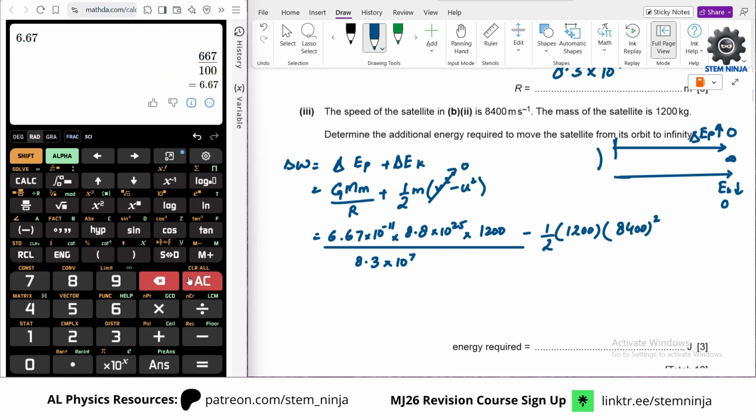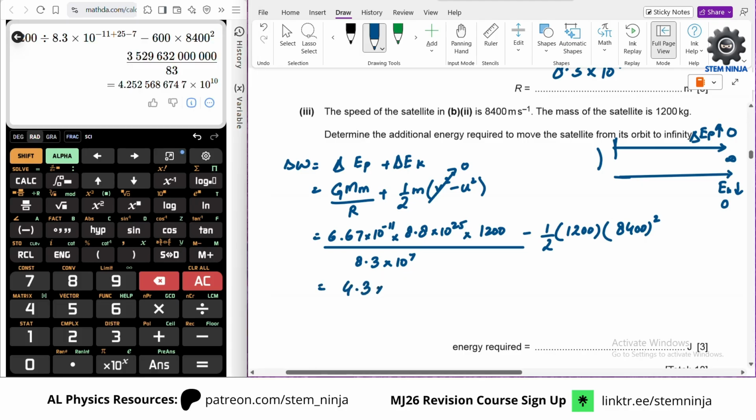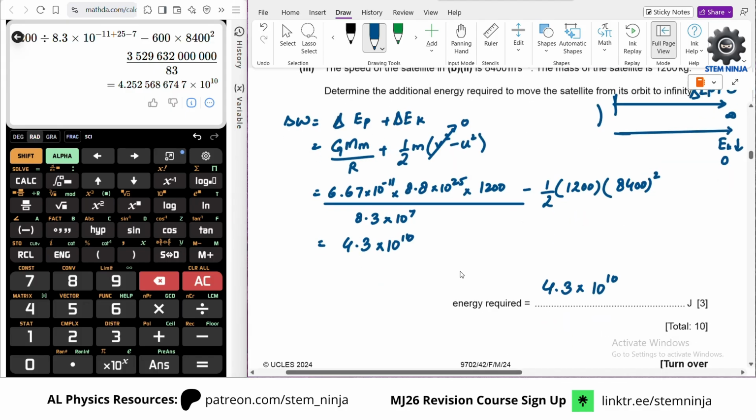So 6.67 times 8.8 times 1200 divided by 8.3, times 10 raised to the power minus 11 plus 25 minus 7, minus 600 times 8400 squared. So this is going to be 4.3 times 10 raised to the power 10 joules. Right, so that's it for the first question.